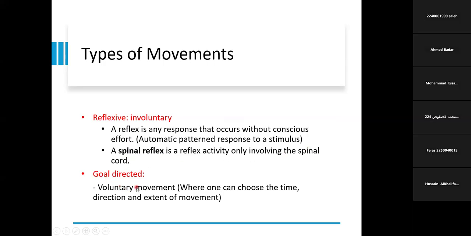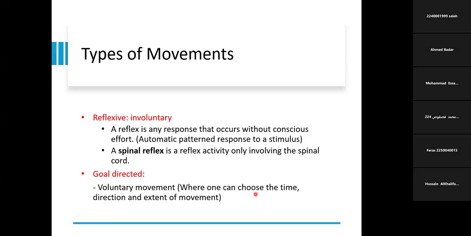Now, the second type of movement is called goal-directed movement. See, reflexive movements are involuntary. Goal-directed movements are voluntary movements. Here we can choose the time, direction, and extent of the movement. For example, I want to hold a pen and I want to move the pen to write something. I want to write Ahmed on a paper. So I know I will write Alif and Ha and Mim and Dal.